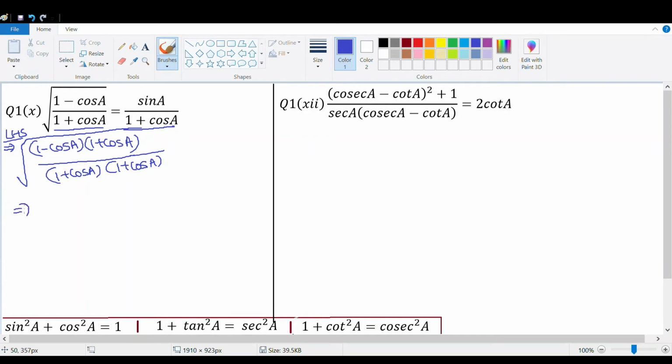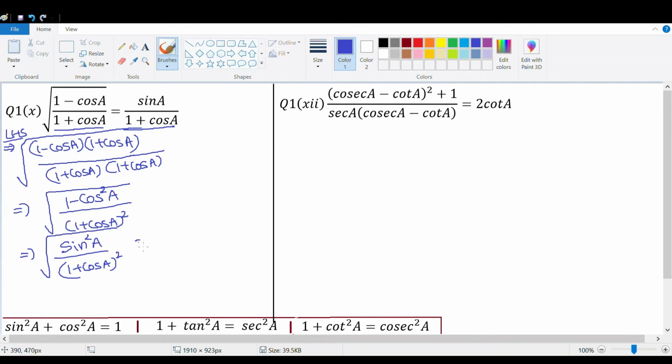Good. So the numerator becomes x plus y into x minus y, which is 1 minus cos square A, and the denominator becomes 1 plus cos A whole square in the square root sign. The numerator is nothing but sine square A, and the denominator is 1 plus cos A whole square.